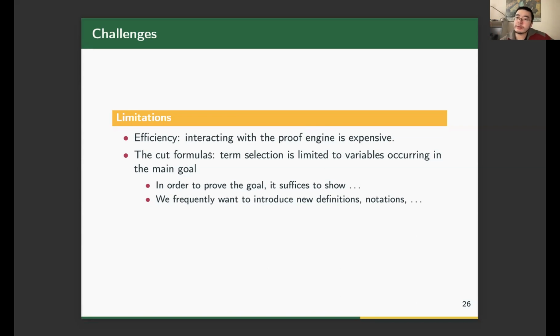In mathematics, we often want to say that, in order to prove this, it suffices to show that, and that is something you invented, right? It is an arbitrary logic formula, or say an arbitrary expression.